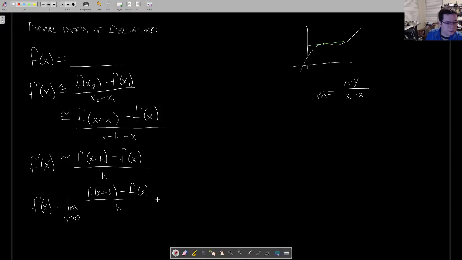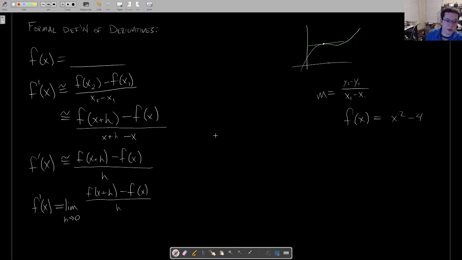Now, if we have a function, say f of x equals 3x squared minus 2, well, you know what? I'm lousy at polynomials, so I'm going to pick one that's a little easier. Yes, we'll go with that.